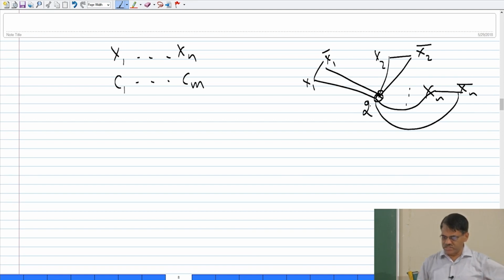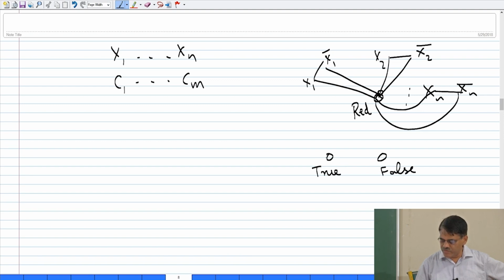Now for the clauses, I am going to construct the following. Let's say this vertex has a name, I am going to call it red. And I will also have 2 more vertices, true and false.